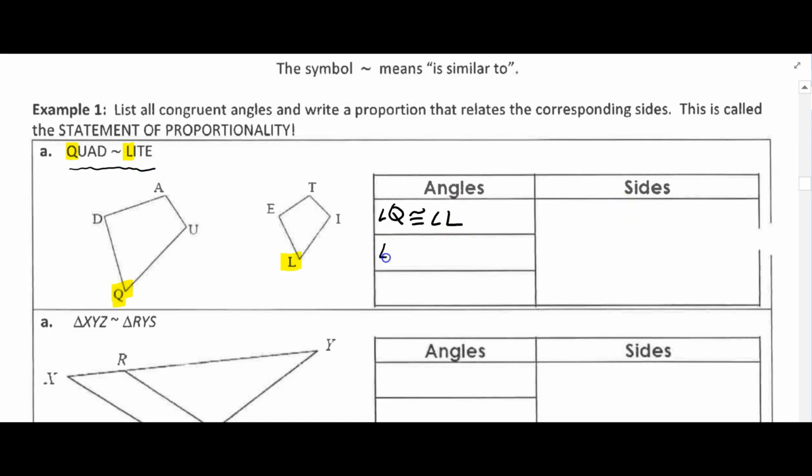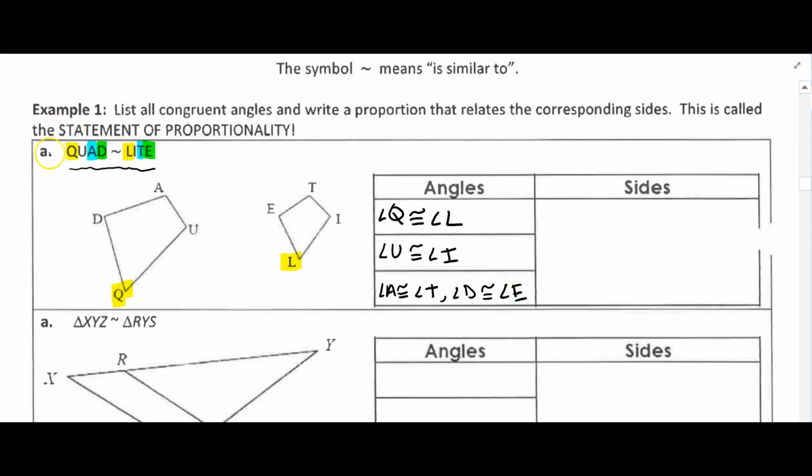Next we would have angle U congruent to angle I, and then angle A congruent to angle T. These match up over here, A and T, and then the last pair is D and E. So angle D is congruent to angle E. Again, you can use the picture.